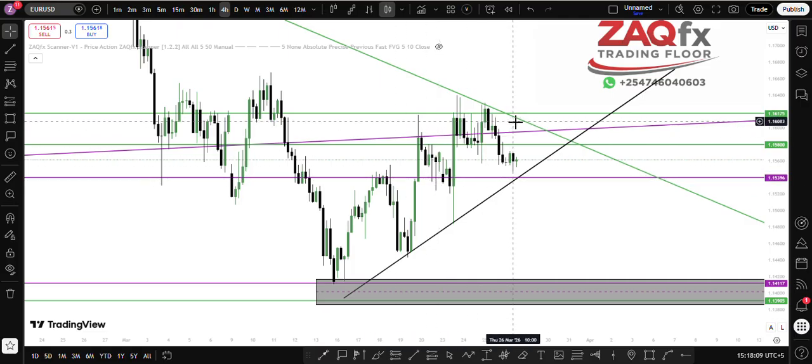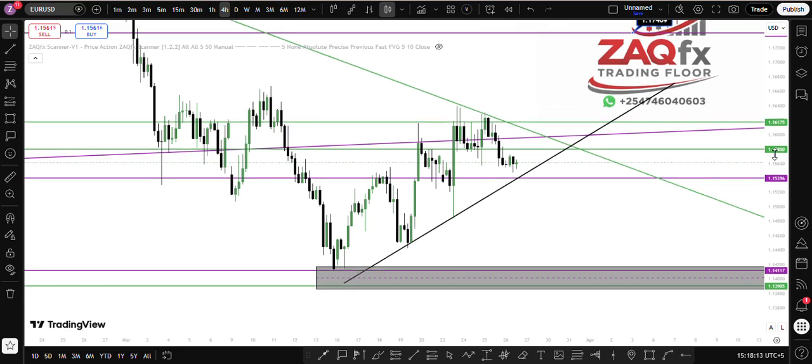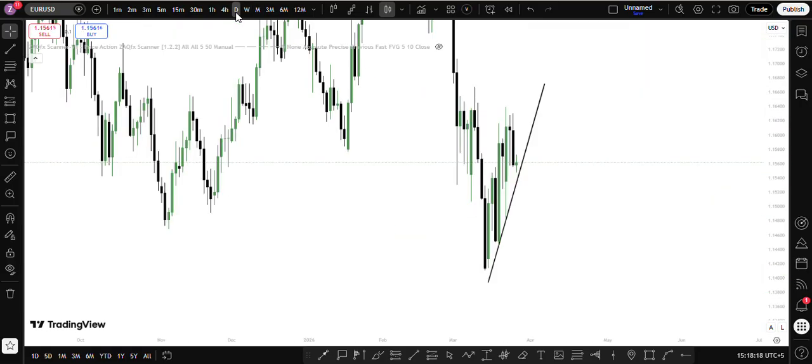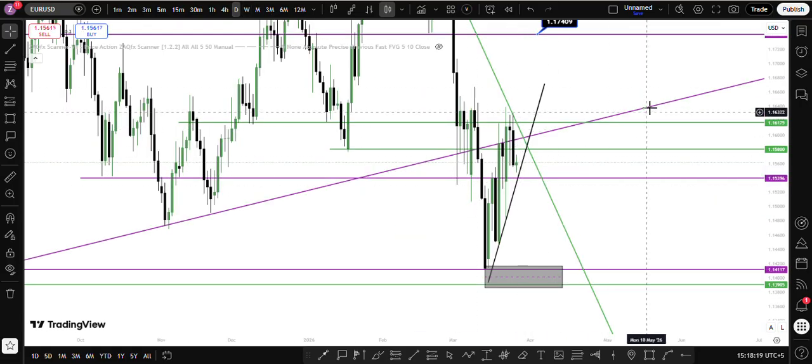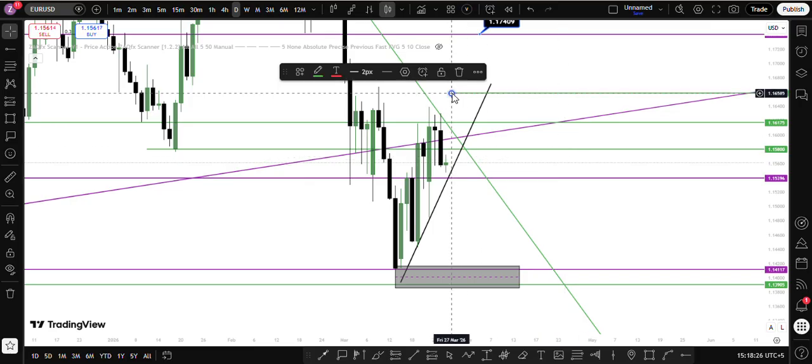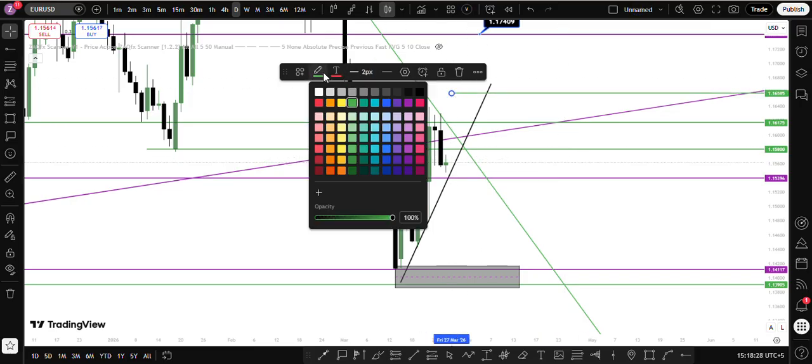So we're expecting the price to break out of this zone, either up or down. If it goes up, you know what to expect. On a daily chart, I'm sure there's a resistance going on here. Let me show you. Let's do black on daily.